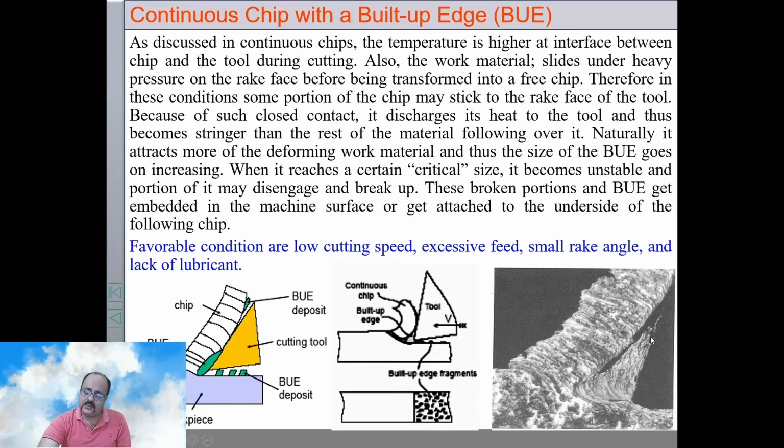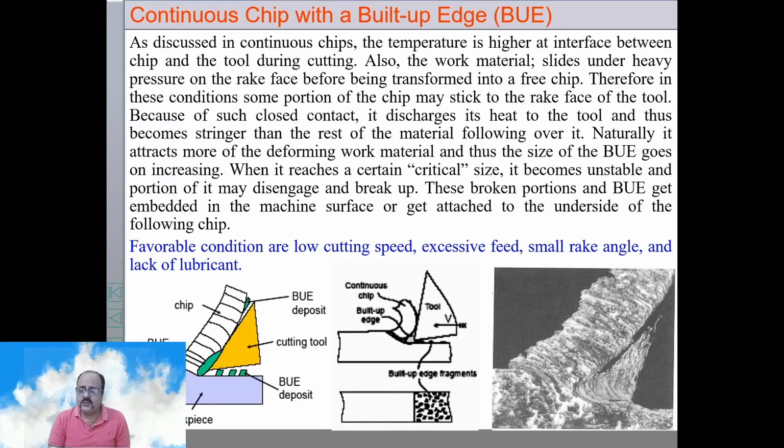Now how does this happen? Under certain conditions, the stress becomes so high that the temperature also increases. This high stress and temperature result in a situation where the workpiece material, as it is sheared, gets welded to the tip of the tool because of high pressure and temperature.